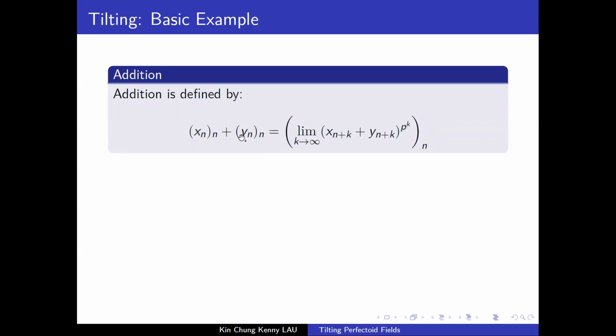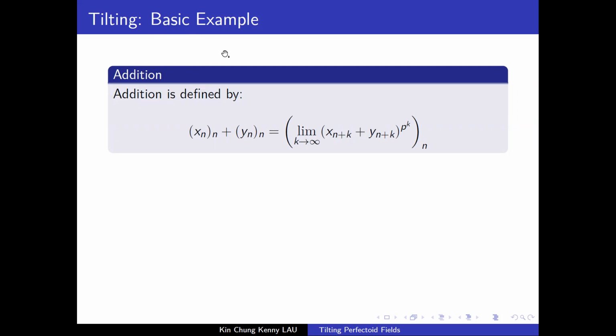What this means is that if I add p copies of 1 together, I get 0. And this is why the tilt has characteristic p. So this proves that tilting a mixed characteristic field gives you a field of characteristic p.